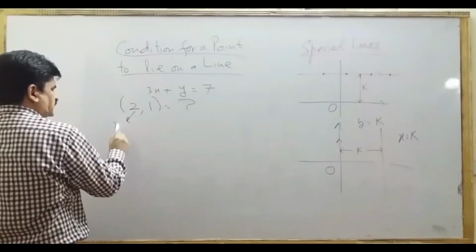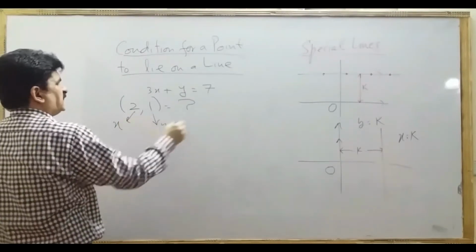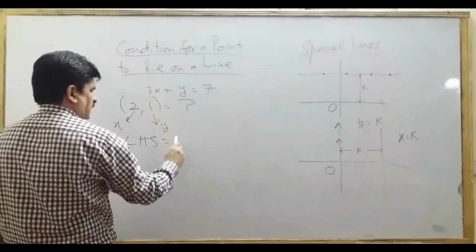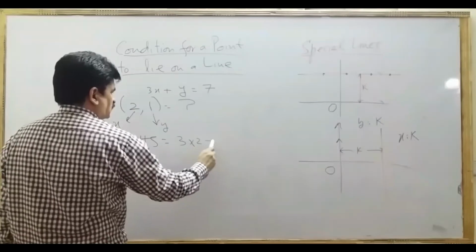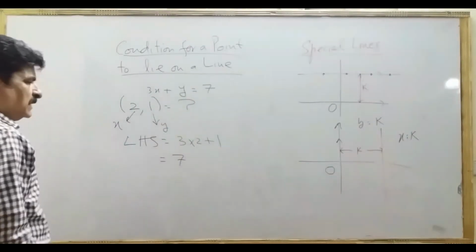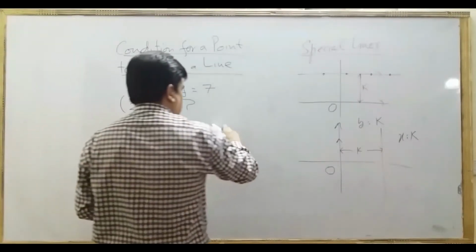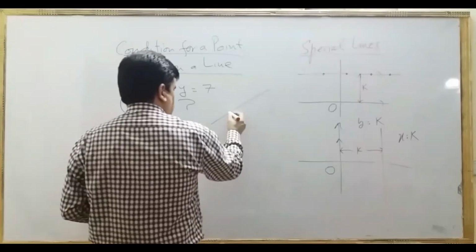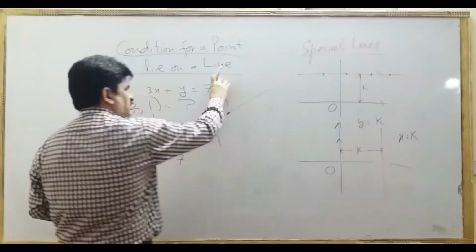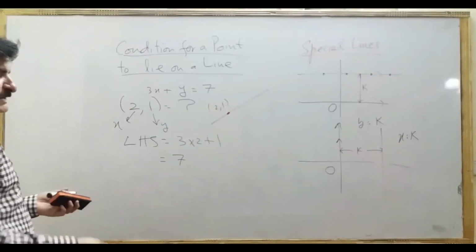Now you know that first coordinate is always x, this is always y. We substitute these coordinates in the left hand side of this equation. So it will be 3 into 2 plus 1, you will get 7, which is the right hand side. So it means that this point lies on this line. So if we draw the actual graph, the point will be on the line, not above the line, not below the line.